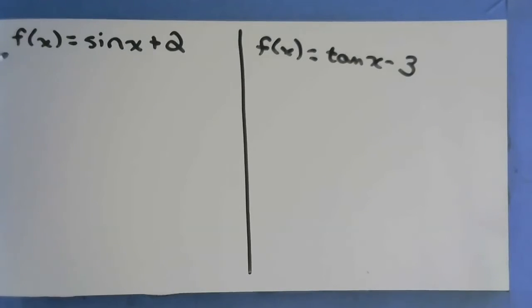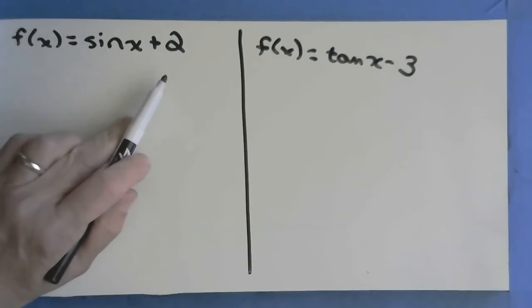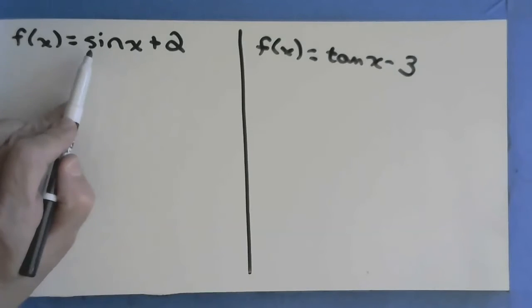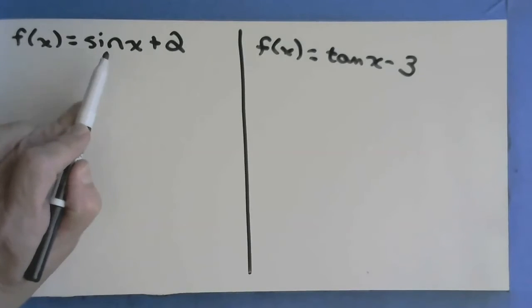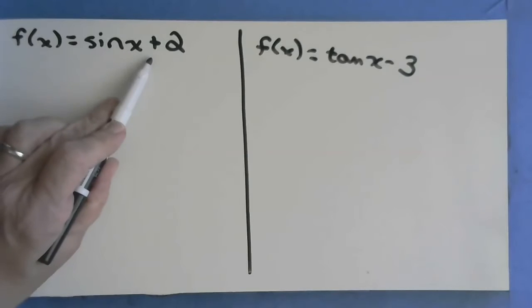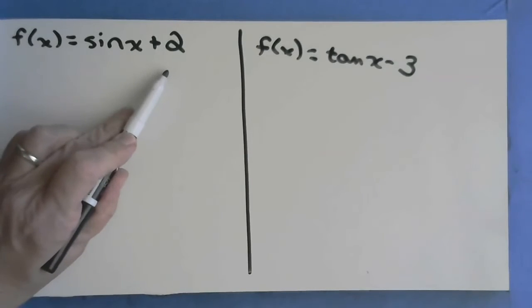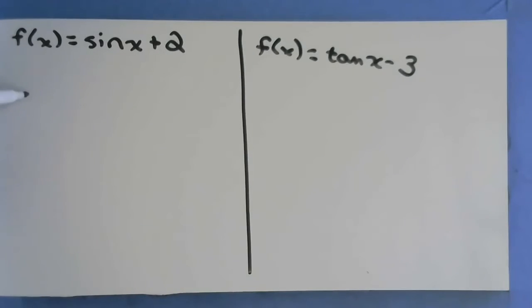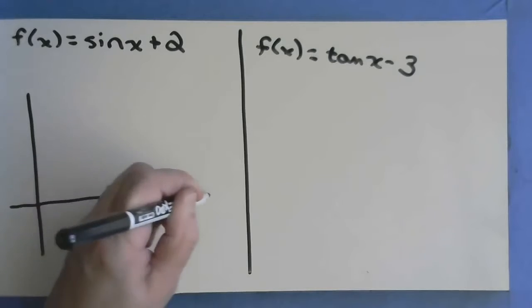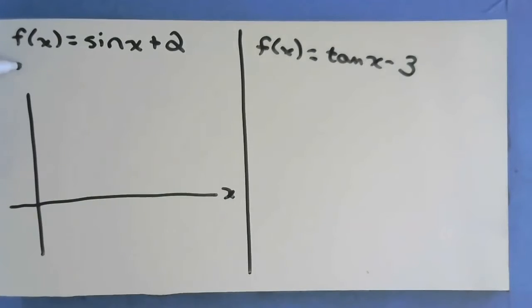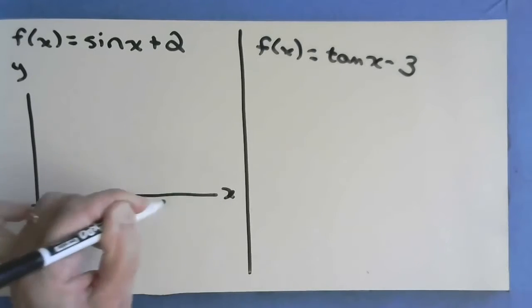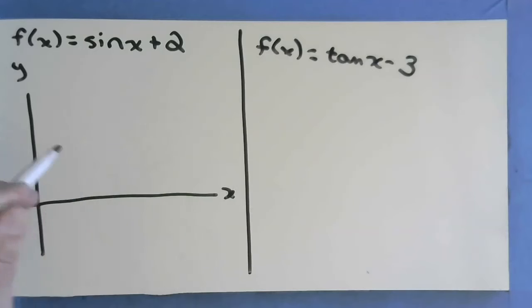First, we want to graph sine of x plus 2, which we now know means that it's the sine of x as it is, but shifted upward by 2. The idea is the baseline, which is normally here at the line y equals 0, is being shifted.